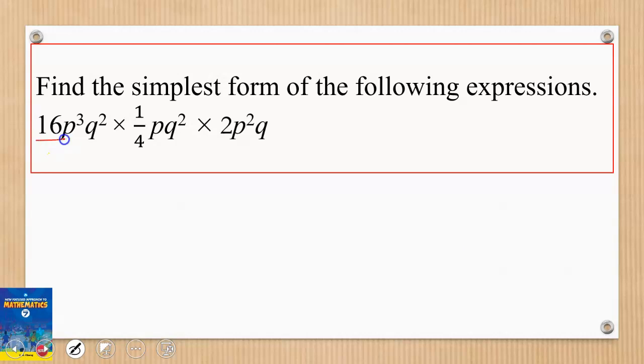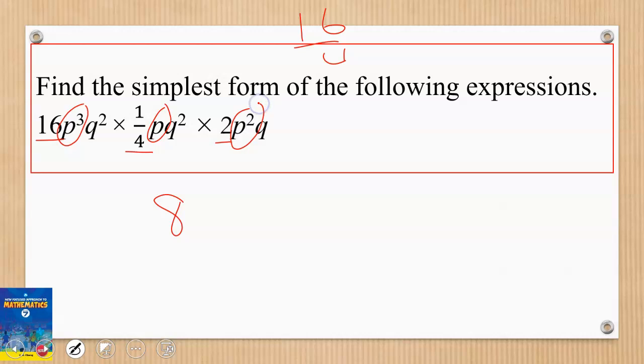Again, we pick this times this, that is 16 times 1/4, which will give us 4, because it is 16 divided by 4. Then 4 times 2 here will give us 8. Then we are done with the coefficient. Now with the variables we have p power 3, p power 1 will give us p power 4.